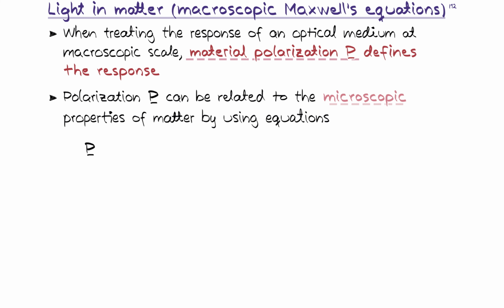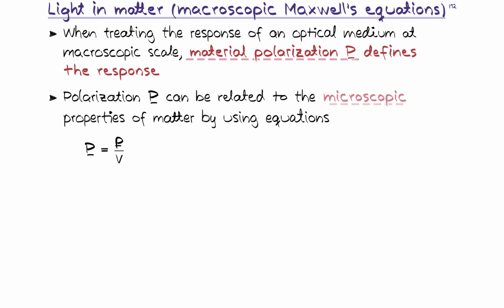So let's introduce them to you, and I will speak a little bit after the introduction and try to warn you that sometimes this is not adequate. So polarization P can be defined as the electric or atomic dipole moment, small p, per unit volume V. So in a way, capital P is an average dipole moment per unit volume.